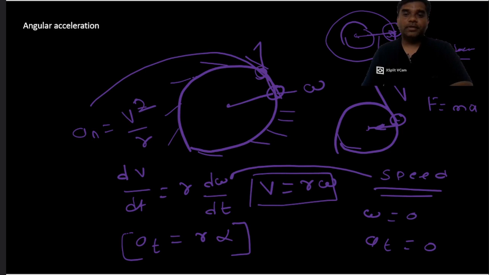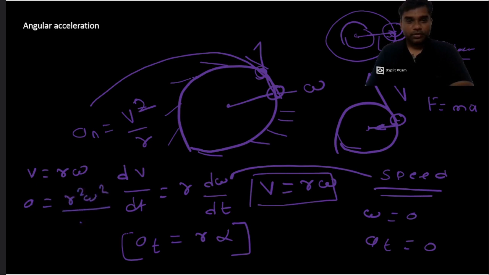Here v is equal to r omega, so we can put a is equal to r square omega square divided by r.